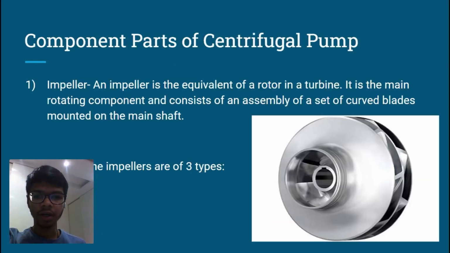So moving on to the components of centrifugal pump. First it is the impeller. An impeller is the equivalent of a rotor in a turbine. It is the main rotating component and consists of an assembly of a set of curved blades mounted on the main shaft.